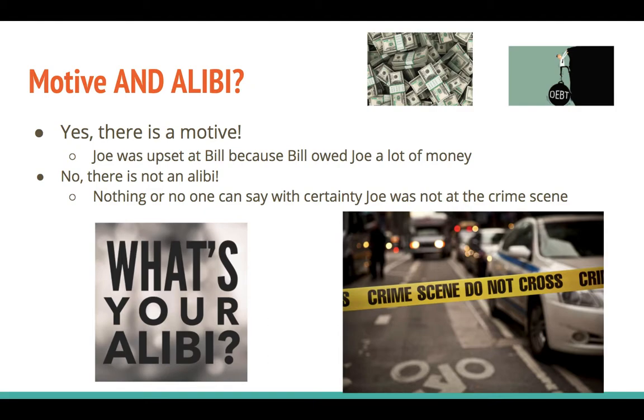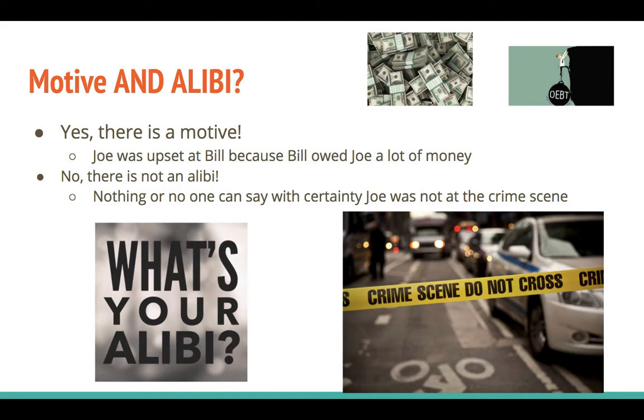So is there a motive and is there an alibi? Again, an alibi lets you know if this person could have been at the crime scene or not. So again, yes, there is a motive, and no, there is not an alibi. So nothing or no one can say with certainty that Joe was not at the crime scene. Okay, so that's another piece of evidence that we have in our favor.